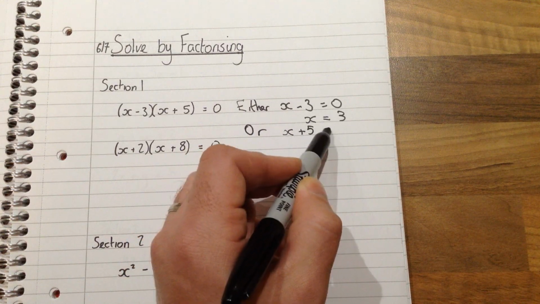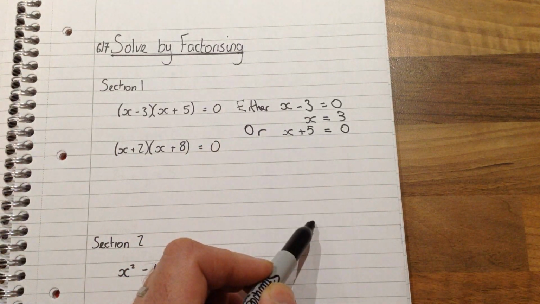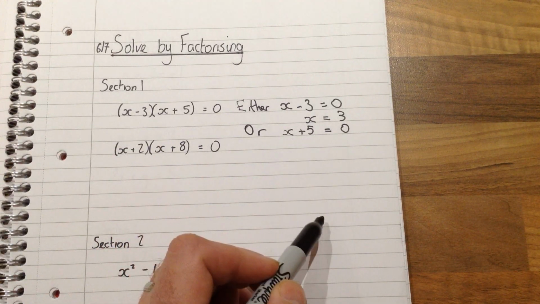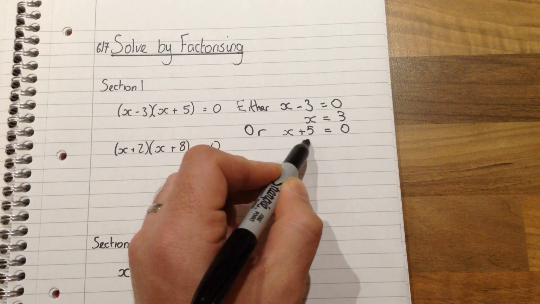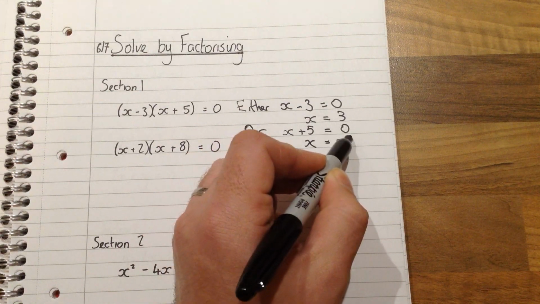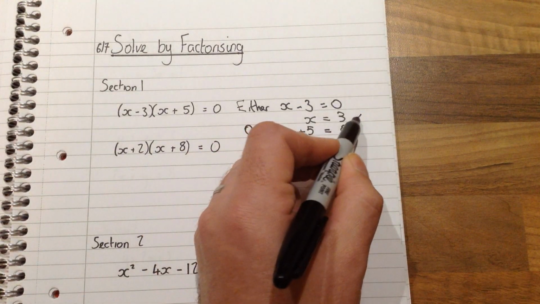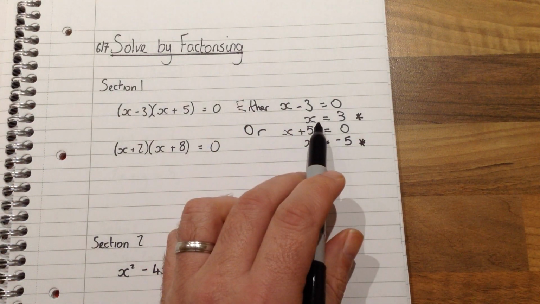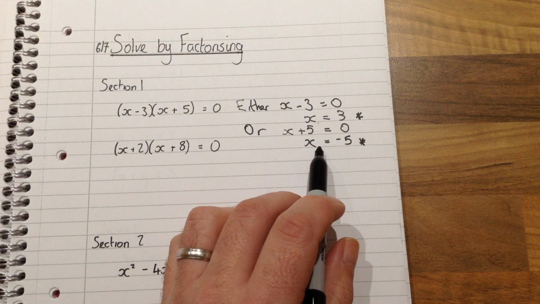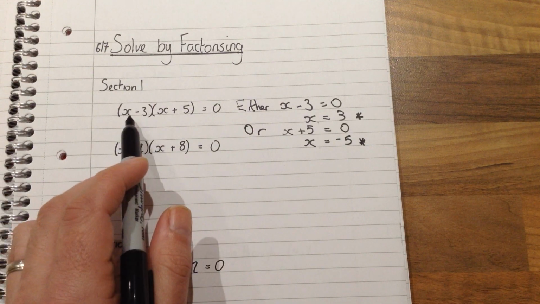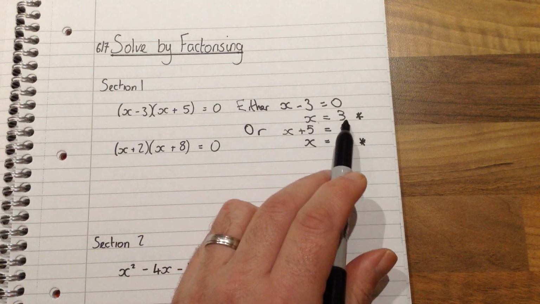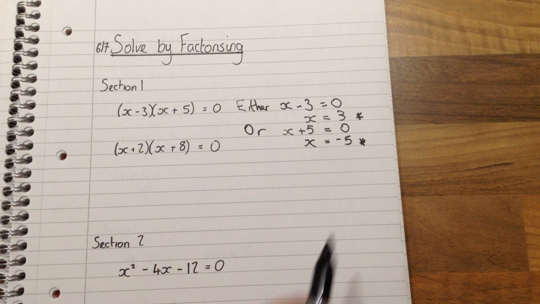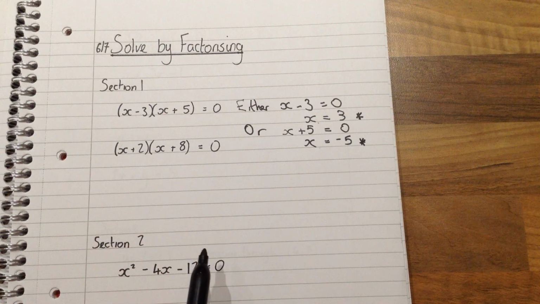So the second bracket might equal 0. Well, for that to be true, something add 5 equals 0. So in other words, x equals minus 5. Now these two bits here are known as our solution. So x equals 3 and x equals minus 5. If you notice, it's the same numbers as in the bracket, just the opposite sign. These are our solutions.